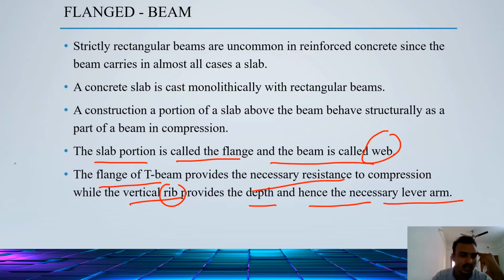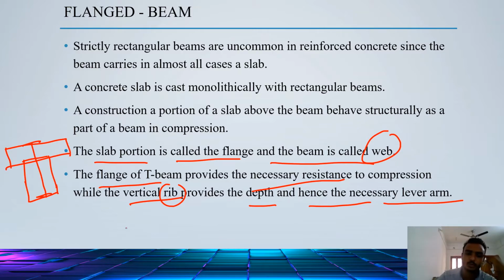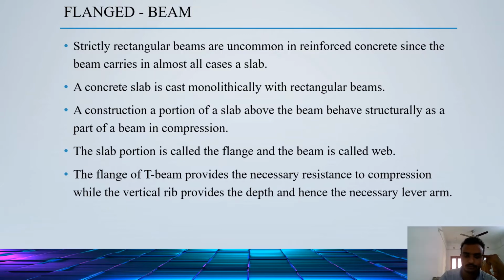In the T-beam, here is your beam, but here is a slab, so your beam depth is increasing. So this depth provides the necessary lever arm, the necessary depth required to resist a load.